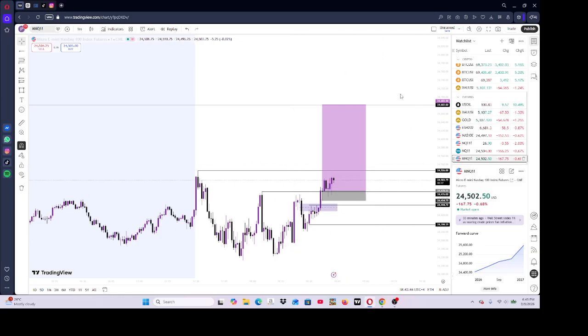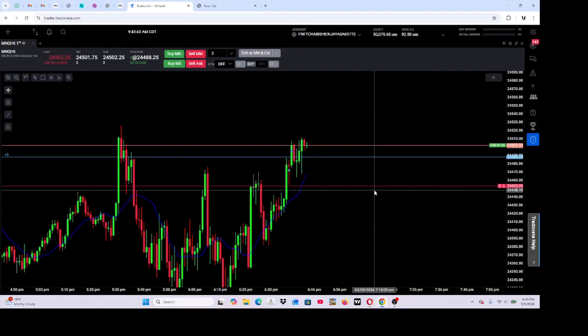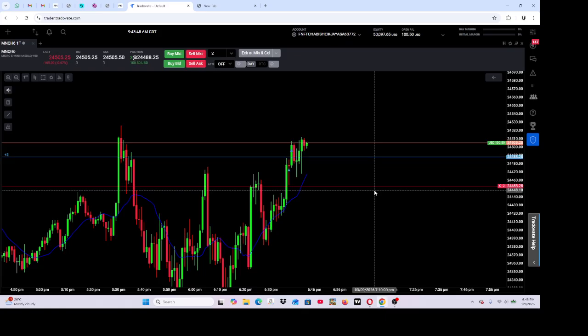If it breaks above this, it's going to be really good. I want this to break above the highs. If it breaks, it will look good. One huge push to the upside.